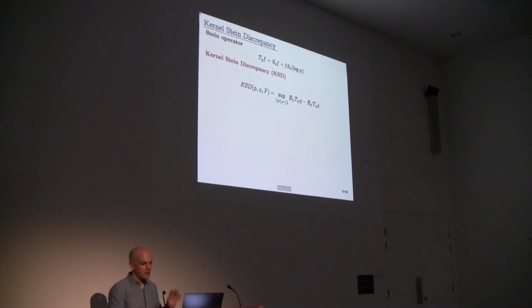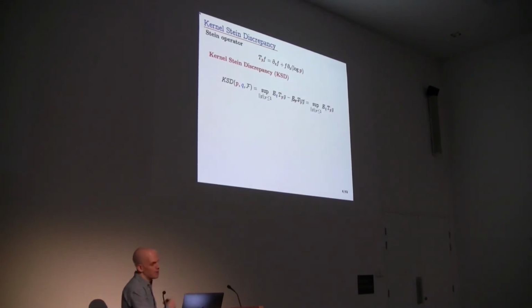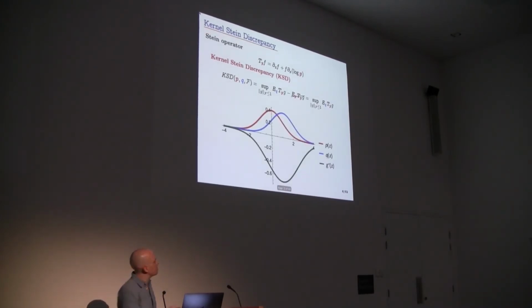Now I can replace my maximum mean discrepancy with something I'm going to call the kernel Stein discrepancy, where rather than using f on its own, I use f passed through this T_p operator. If I pass f through the T_p operator, then this term vanishes, and I'm just left with this thing here. So what does my witness function look like once I put it through this Stein operator?